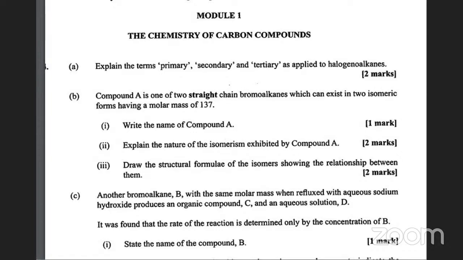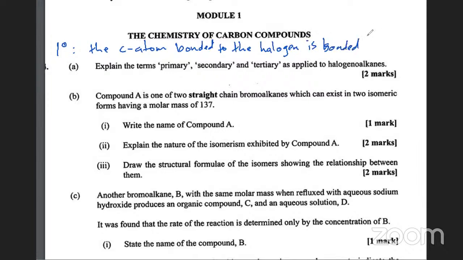The same thing we did for alcohols is the same thing you will do for haloalkanes. For a primary haloalkane, just like we said for the primary alcohol, the carbon atom bonded to the halogen is bonded to only one carbon atom.